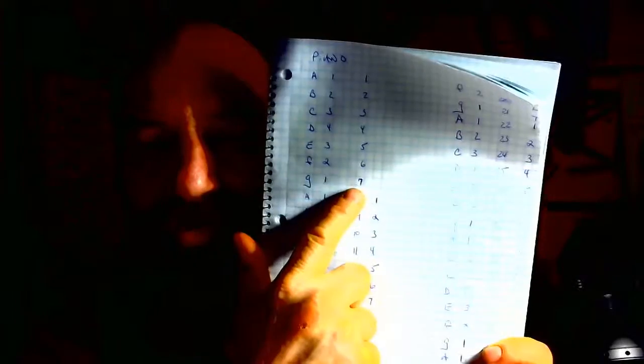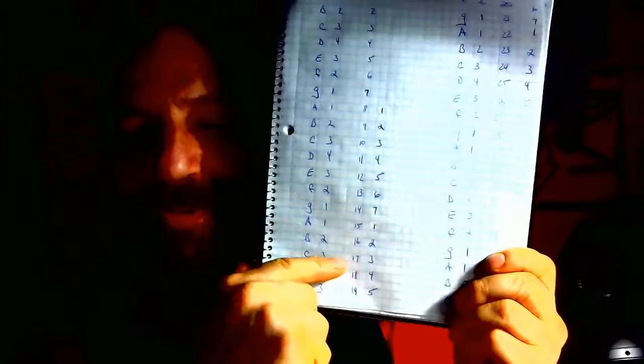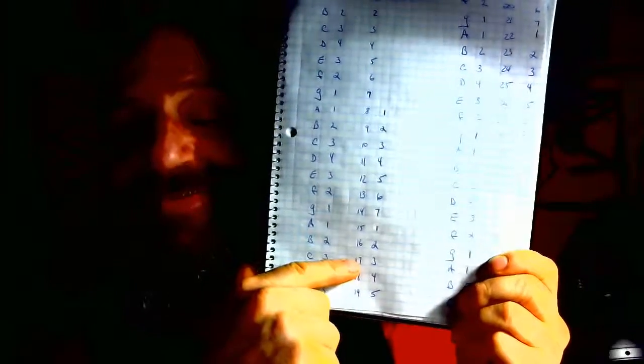A, B, C, D, E, F, G is 7. A, B, C, D, E, F, G is 14. A, B, C, D, E, F, well, it's on the other side, G, but we're only going to go, the third C is number 17. So we have 17. So we'll go 1 times 7, 1 plus 7 equals 8 and 7, 15.